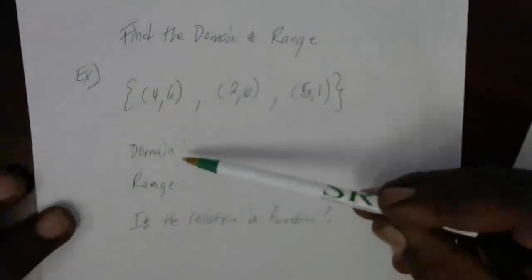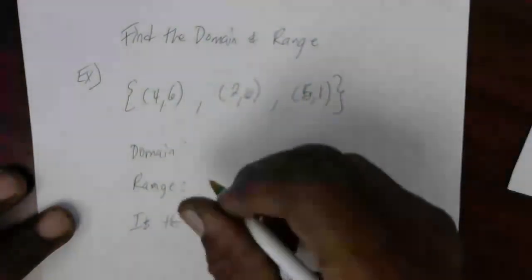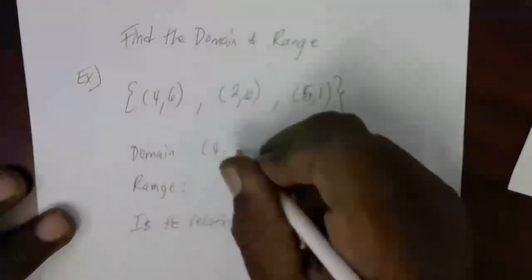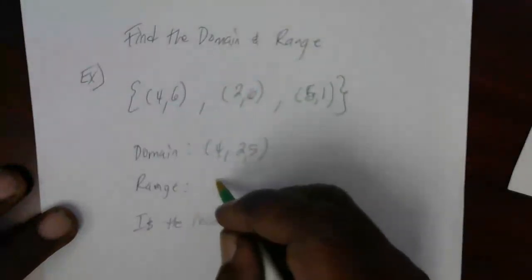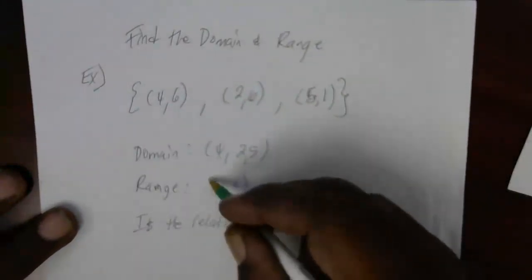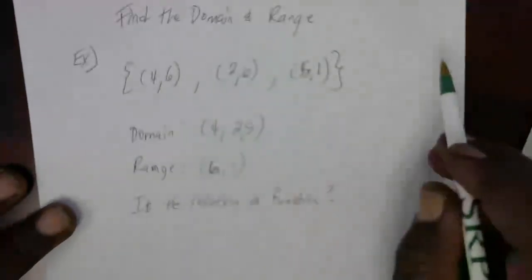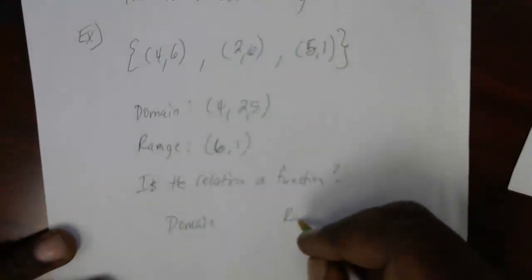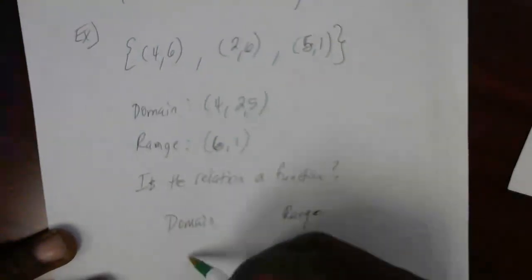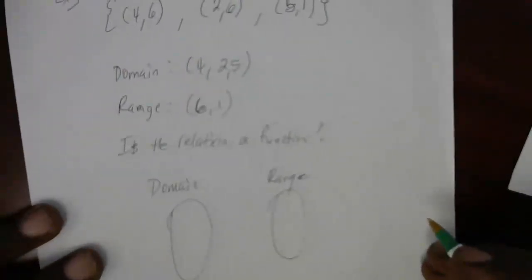All right, so let's take a look. So for our domain, we have 4, 2, and 5. Our range values are 6 and 1. Right, no need to list 6 twice. In order to determine if this relation is a function, we're going to map out the domain and the range.